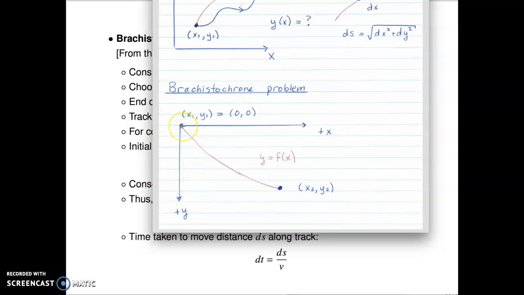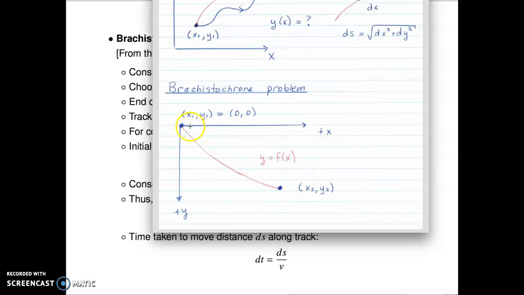And again, I have 2 points, point 1 and point 2. And I'll choose the x and y values of point 1 to be 0 and 0. So we start at the origin of the coordinate system. x2 and y2 is something. I haven't specified what it is. But let's say I do specify this.